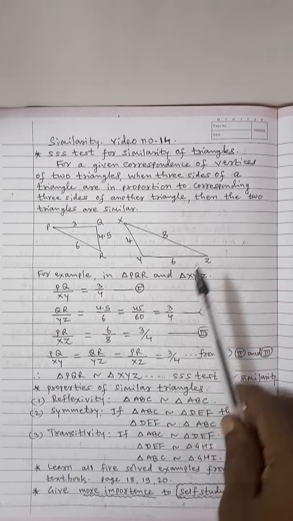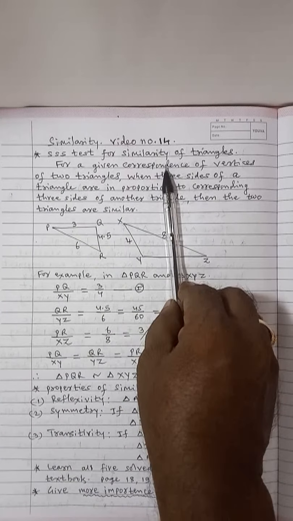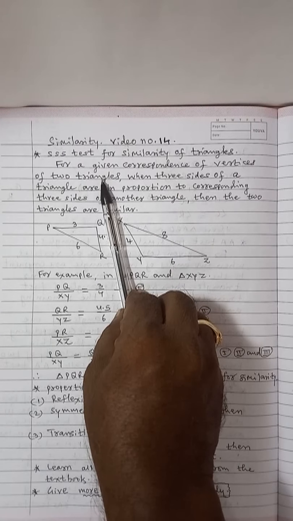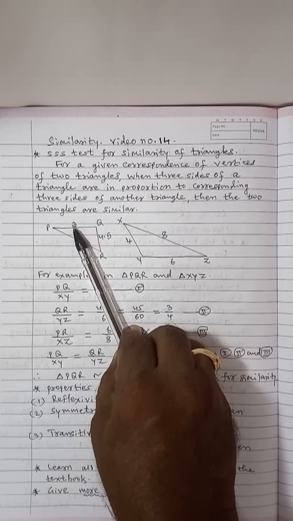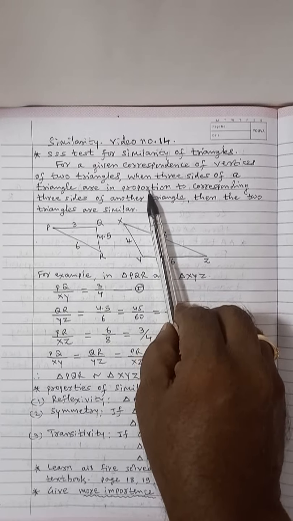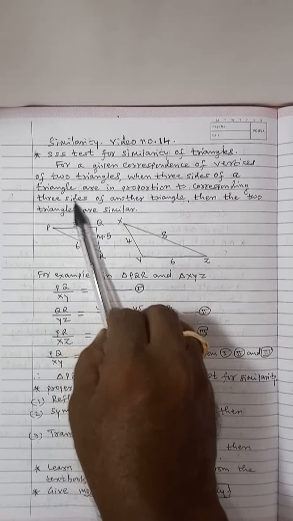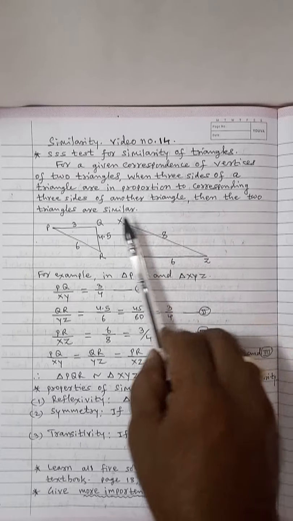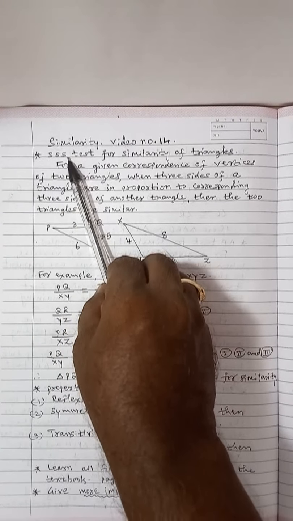So now we'll go to the definition. Pay attention. For a given correspondence of vertices of two triangles, when three sides of one triangle are in proportion to the corresponding three sides of another triangle, then the two triangles are similar by the side test.